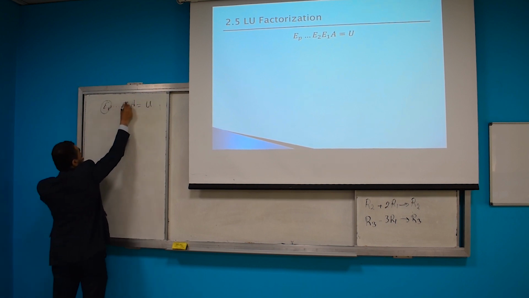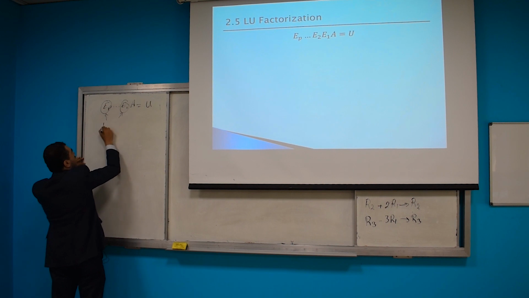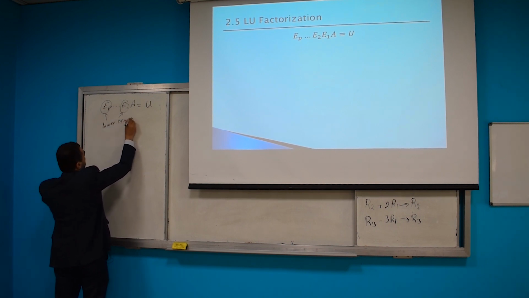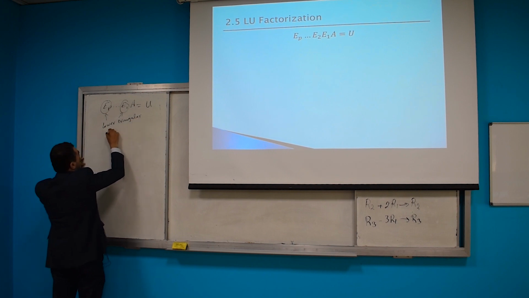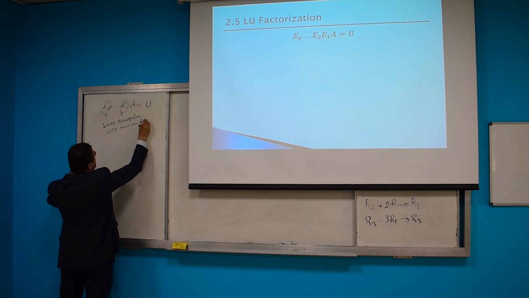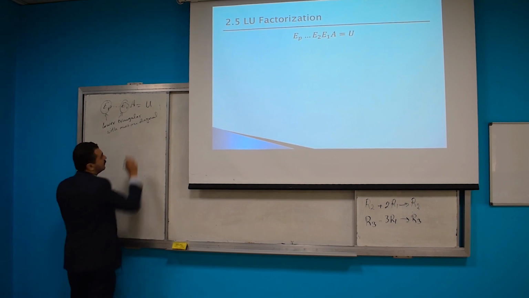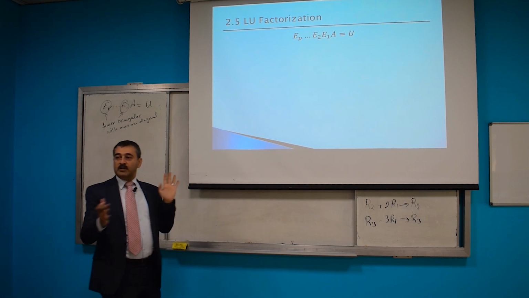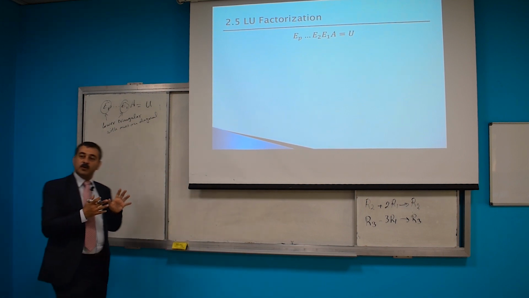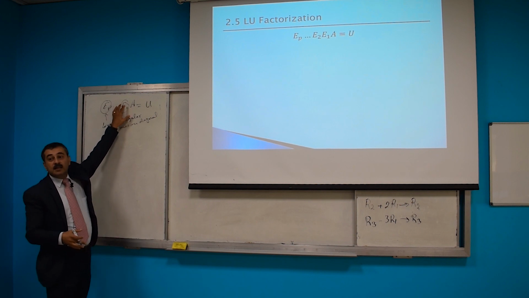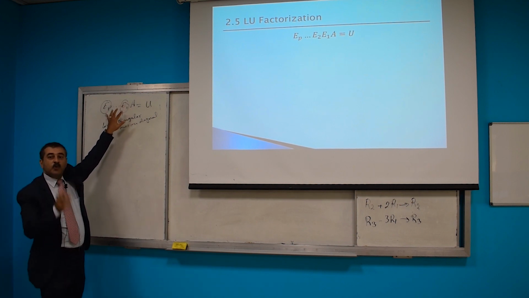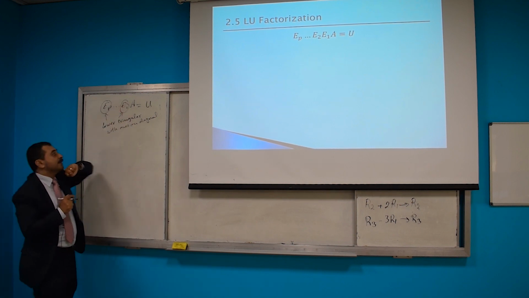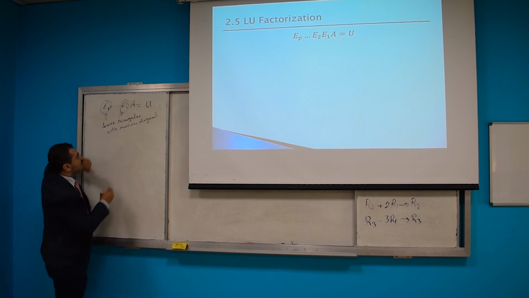All these guys are lower triangular matrices with ones on the diagonal. Right? So the product of these matrices is also a lower triangular matrix with ones on the diagonal. Okay? So let's get A from this equation.